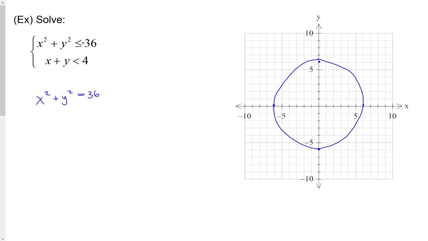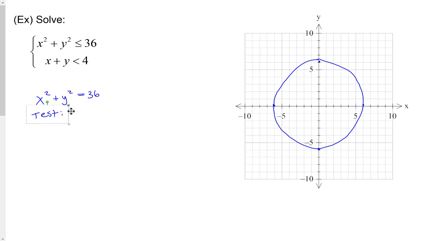But the next thing that I need to do is shade, and I'm either going to shade on the inside of the circle or on the outside of the circle. And with circles, it's actually pretty easy to determine. If these are the points on the circle, if we want them all to be less than 36, that's the boundary. So that means we're going to shade the inside of the circle. But you can still do a test.